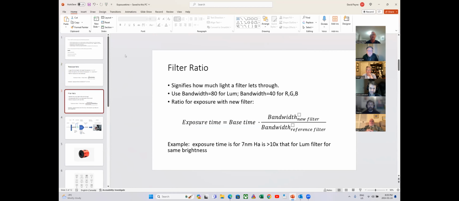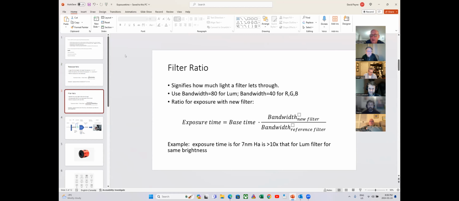The other thing I like to use is the filter ratio. You're on a given scope and you've got your filters. Here it's a little bit of a lie, but if you're using narrowband, you've got a bandwidth. Could be 3.5 nanometers, 6.5, 7, and even higher, kind of standard numbers for the bandwidth of those filters.